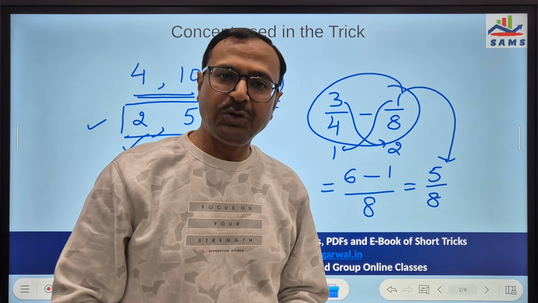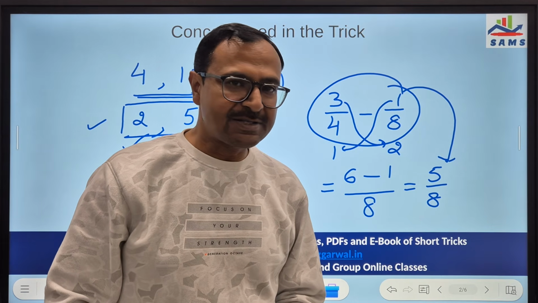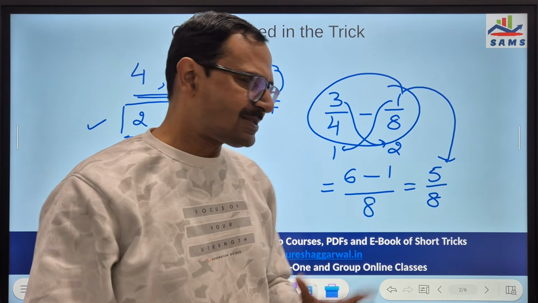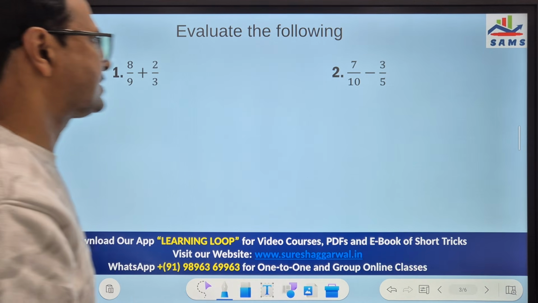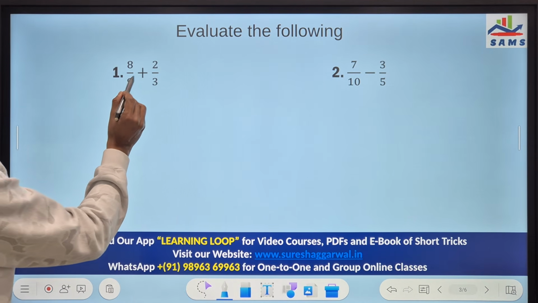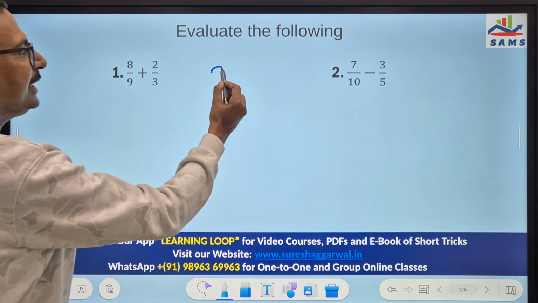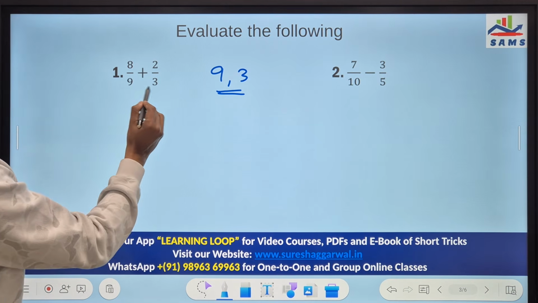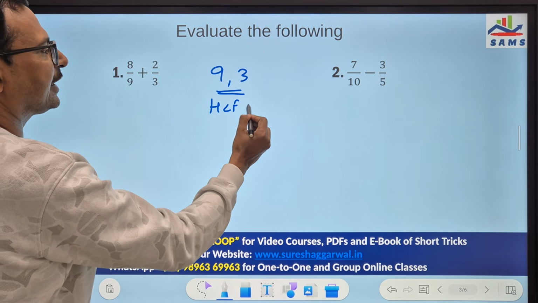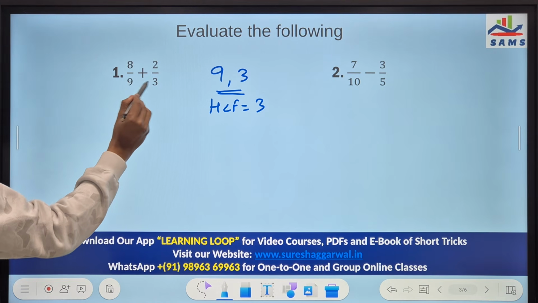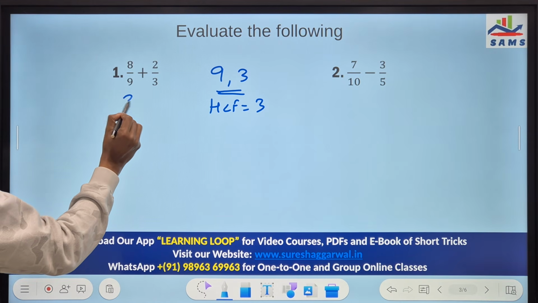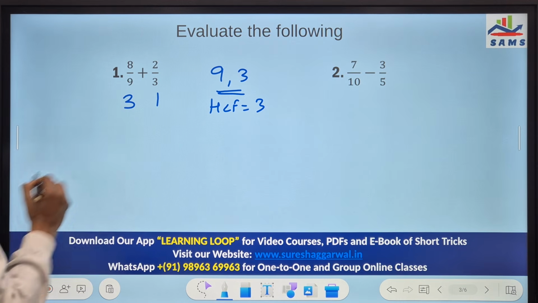This is what we need to do when the denominators are non-co-prime. Let's understand it using some more examples. You can see 8 upon 9 plus 2 upon 3. The denominators 9 and 3 have a highest common factor of 3. So I will divide both of them by 3. 9 divided by 3 is 3. 3 divided by 3 is 1.